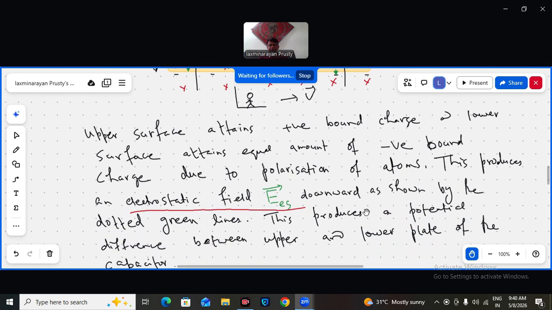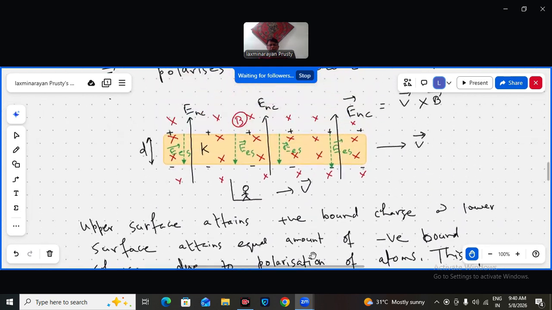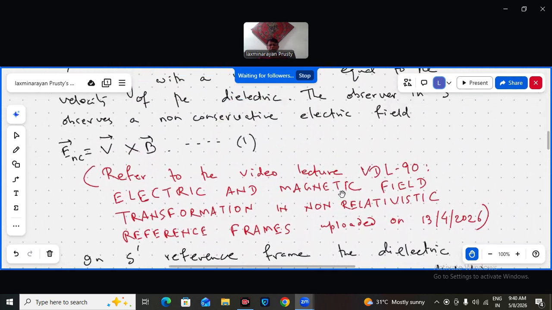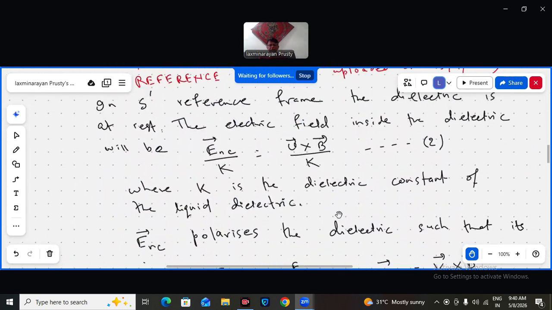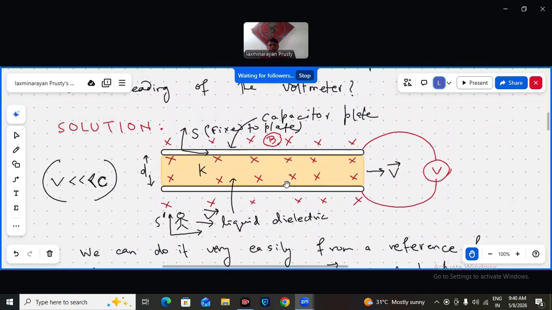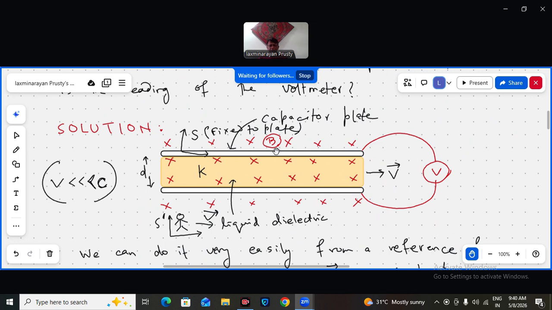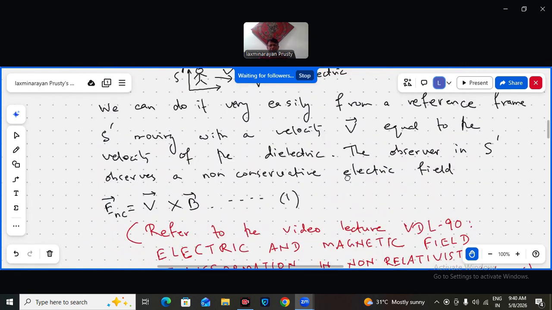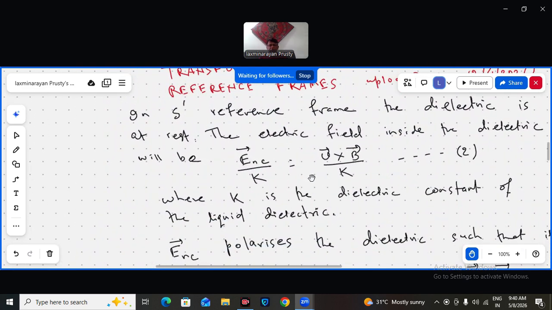This produces an electrostatic field E_S downward as shown, and as you all know, if the electric field is E, within the rectangular dielectric medium it reduces to E by K. So the electric field inside the dielectric will become E_NC bar by K, that is v bar cross B bar by K, equation 2.